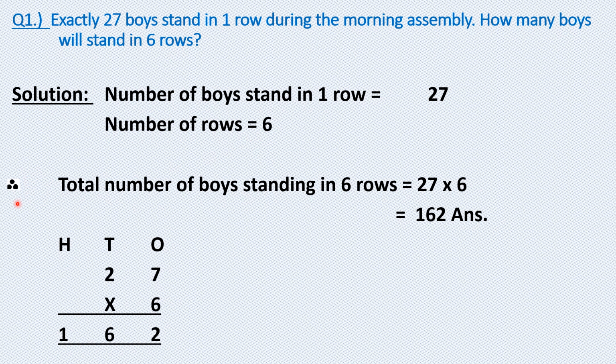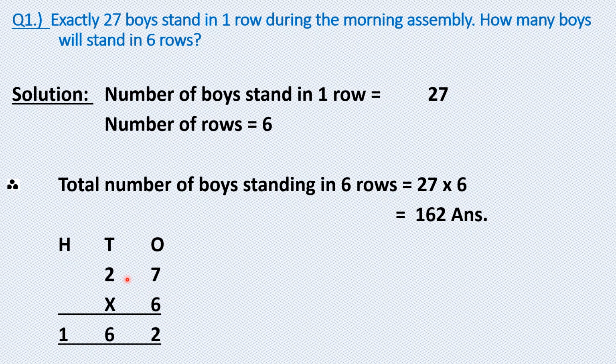Therefore, this sign is called therefore. Total number of boys standing in 6 rows. All total how many boys are standing? Yes, in one row 27. So in 6 rows there will be more boys, no? So we will do multiplication. We will multiply 27 and 6.